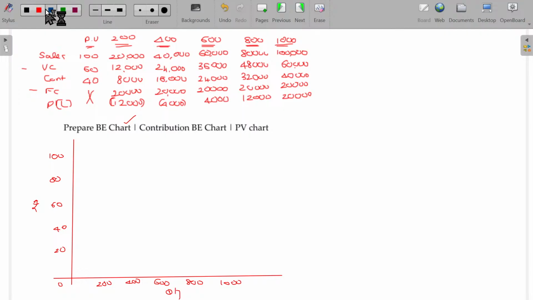What are the values going to be plotted? I plot, first of all, fixed cost. Second one is total cost, and total revenue. These are the three items going to be plotted here. Clear?